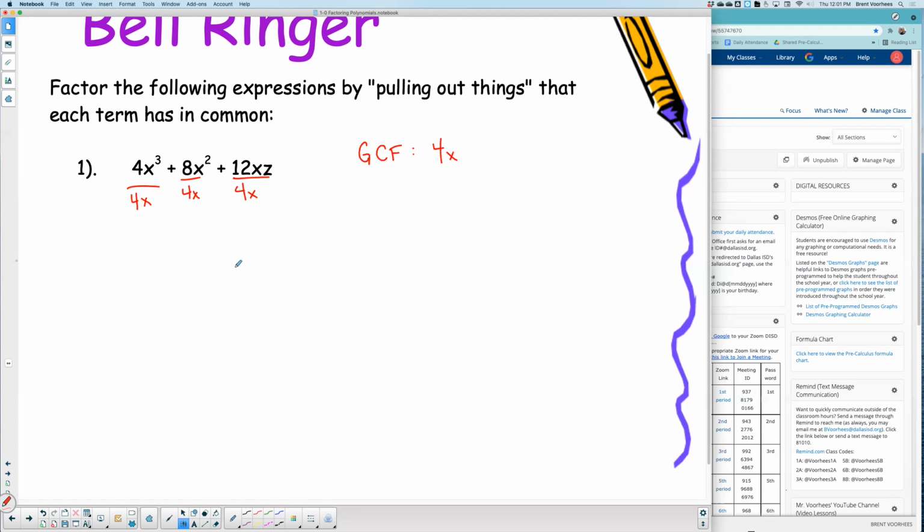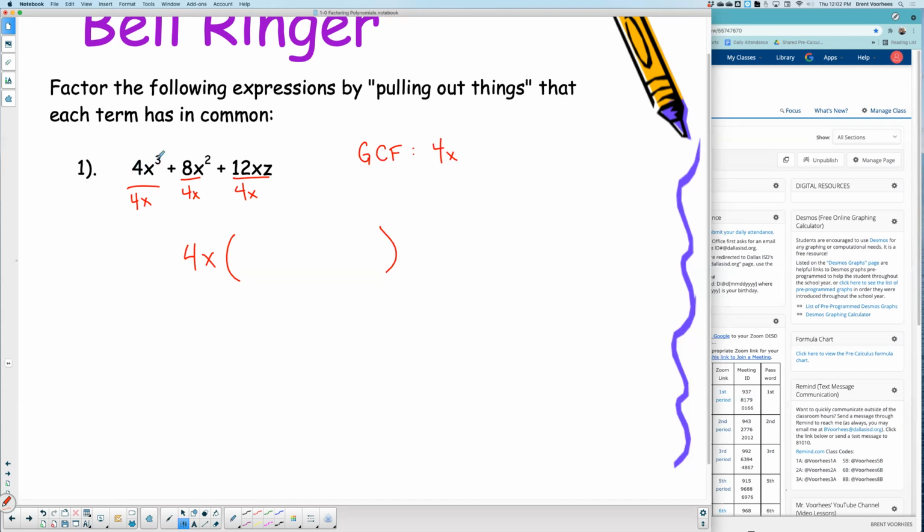And so here's how you would write or divide out with the greatest common factor. It's actually the exact opposite of distribution. If you think of distribution as having a value in front of a parenthesis that you multiply through, well, greatest common factor is the exact opposite. It's like you divide out to create the parenthesis. So if I divided 4x cubed by 4x, the 4's simplify with one another or cancel each other out. x cubed is the same thing as x times x times x.